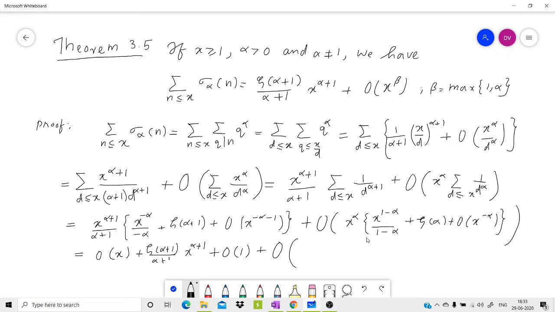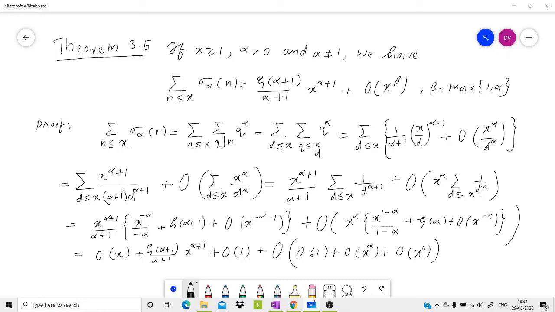So this bracket can be written as O of 1 plus O of x raised to 1 plus O of x raised to, sorry, this will be of x raised to alpha, and this will be of x raised to 0. That is nothing but of x raised to 1.